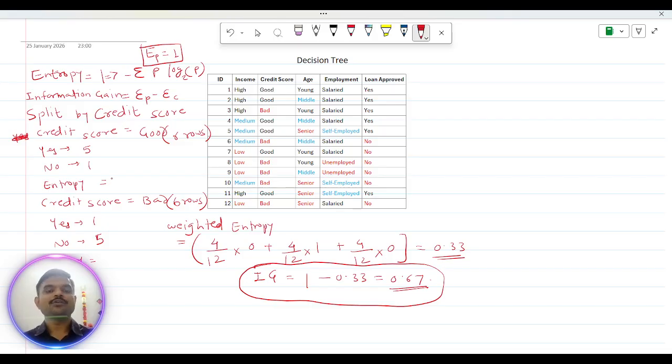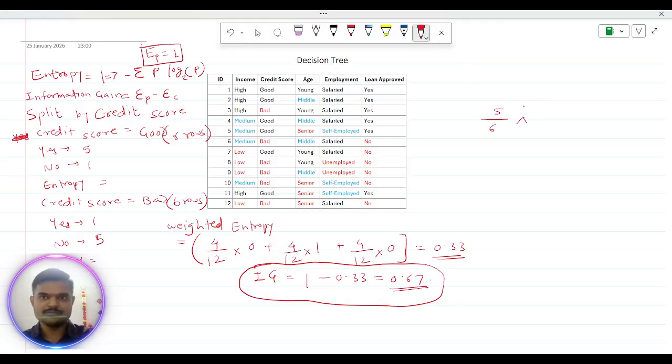How to calculate the entropy? I have told you that: yes divided by all, multiplied by... So we are calculating first for yes, then we will calculate for no.